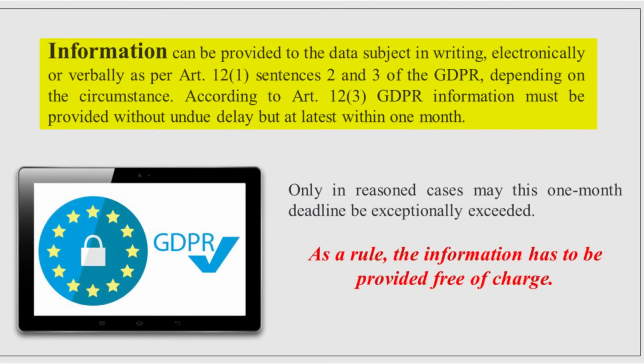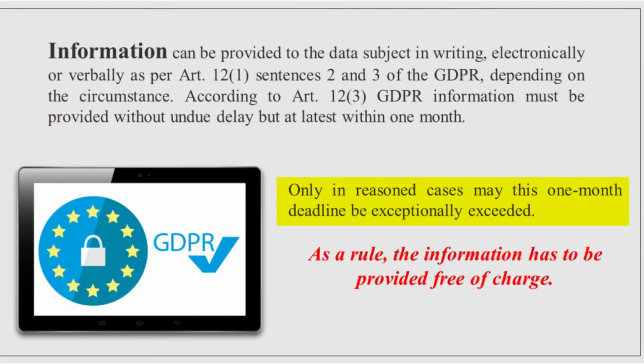Information can be provided to the data subject in writing, electronically, or verbally as per Article 12(1), Sentences 2 and 3 of the GDPR, depending on the circumstance. According to Article 12(3) GDPR, information must be provided without undue delay, but at least within 1 month.